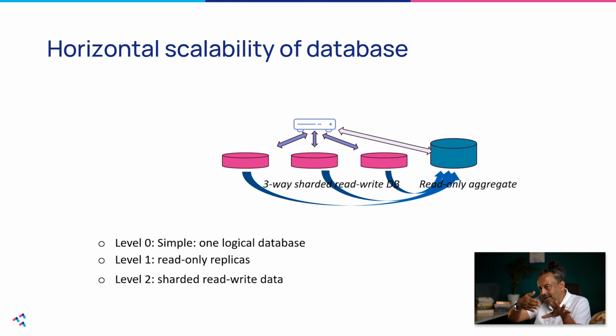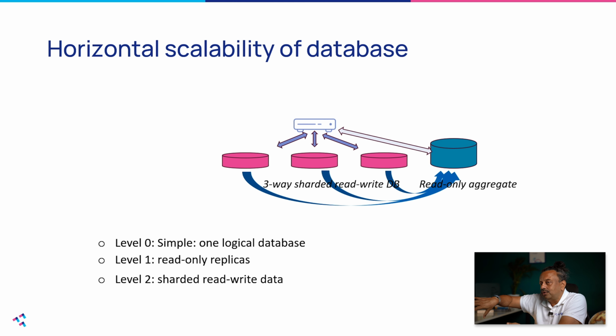Now if you see these curved arrows going from below, all of them are pumping their updates to a 4th database, which is a read-only replica. That read-only replica is an aggregate of these 3 shards. What this means is that for updates you connect to one of the shards and push out your update. For queries, you don't have to hit 3 databases and then aggregate the data yourself.